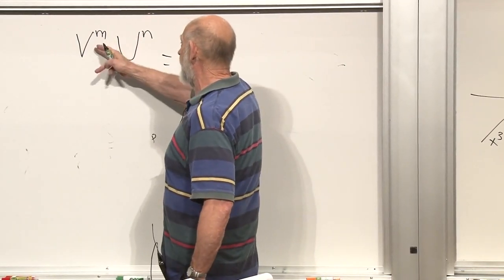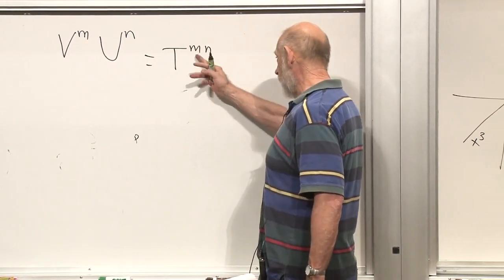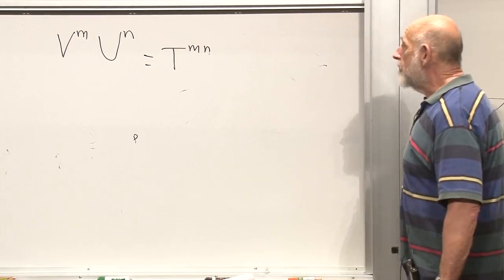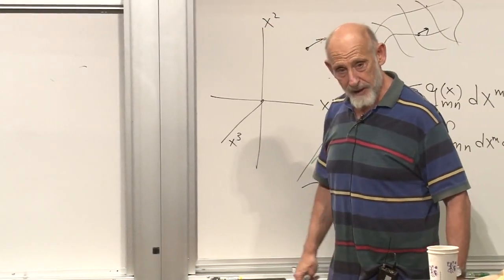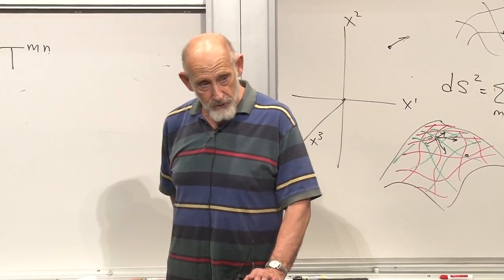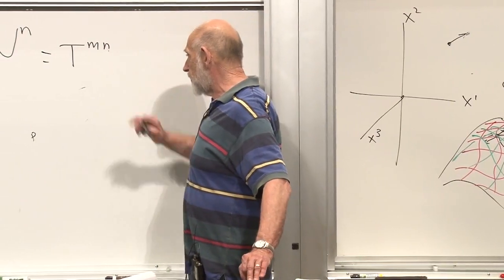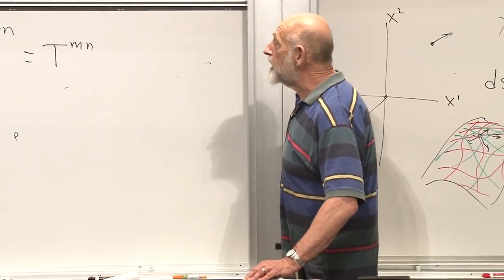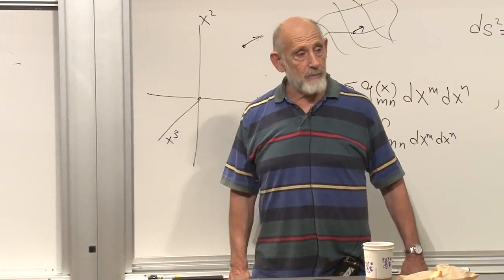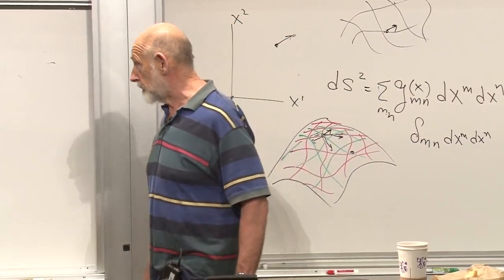T^MN is not the same as T^NM, if you know what I mean. So where you put the index here matters. T^MN is a special case of a tensor of rank 2. Rank 2 means that it has two indices like that, and in this case there would be 9 components. In 4 dimensions there would be 16 components, in 2 dimensions there would be 4 components, and so forth.